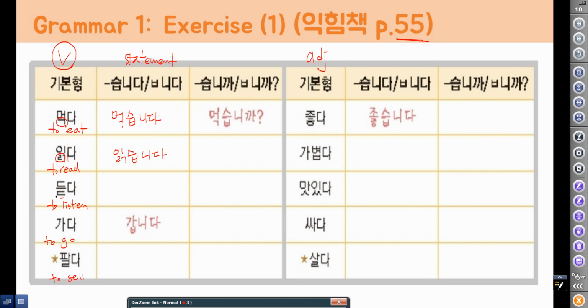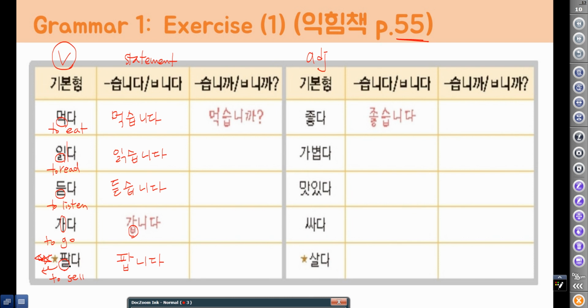Then 듣다, consonant. 듣습니다. 가다 ends in vowel. So 비읍니다. 갑니다. Then 팔다. So this is ㄹ irregular. So this has a consonant but the ㄹ drops and then you add 비읍니다. 팝니다.